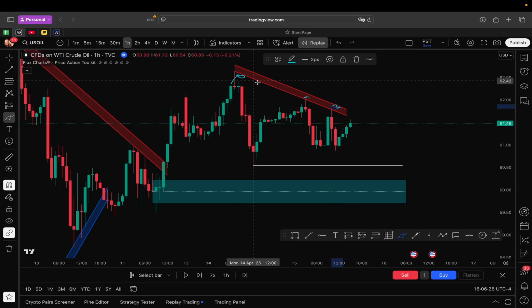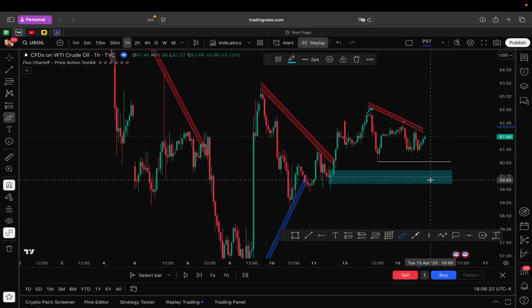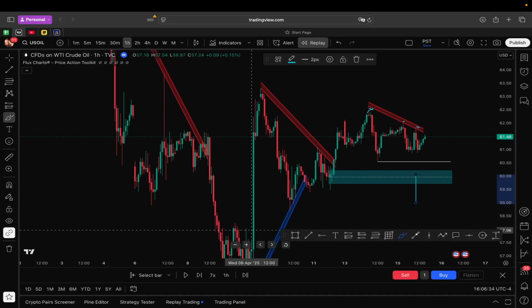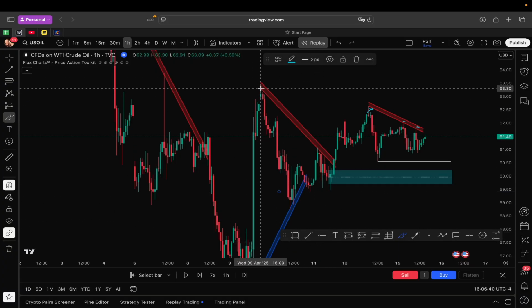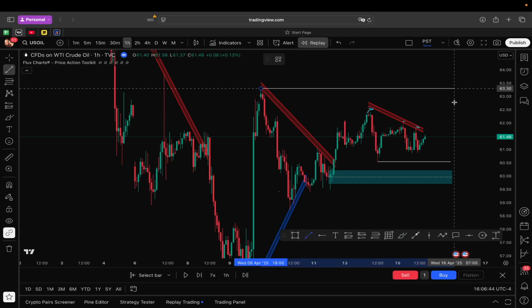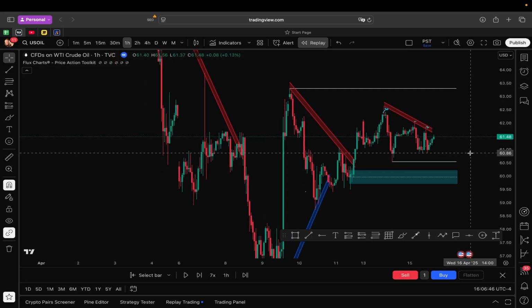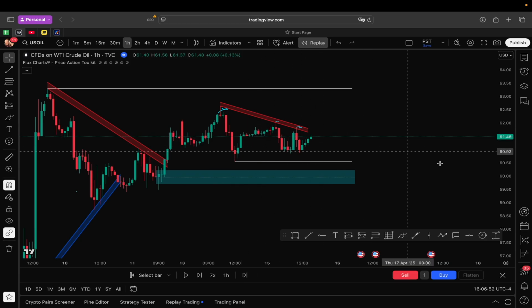And we can clearly see we had a big impulse move right over here. Retracing, this is the high that we want to target. And you can clearly see this order block has been created, resting liquidity.